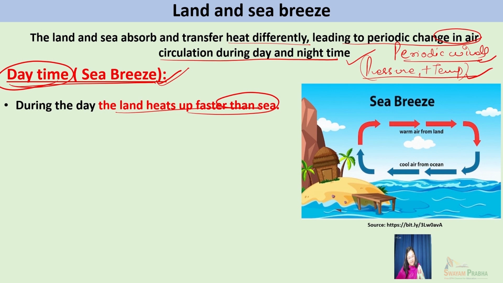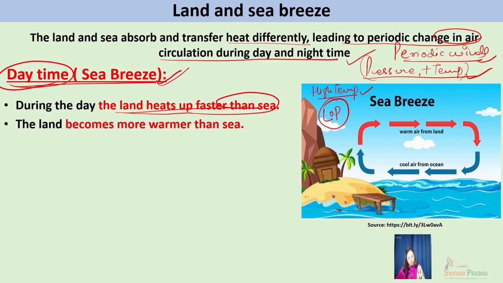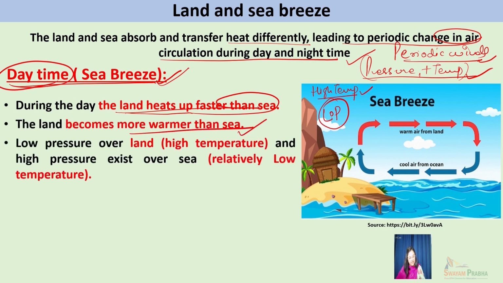So during the daytime, the land heats up faster as compared to the sea. So over the land, you have low pressure due to high temperature during the daytime. The land becomes warmer than the sea. So sea surface temperature will be comparatively cooler, due to which you will have high pressure over sea.